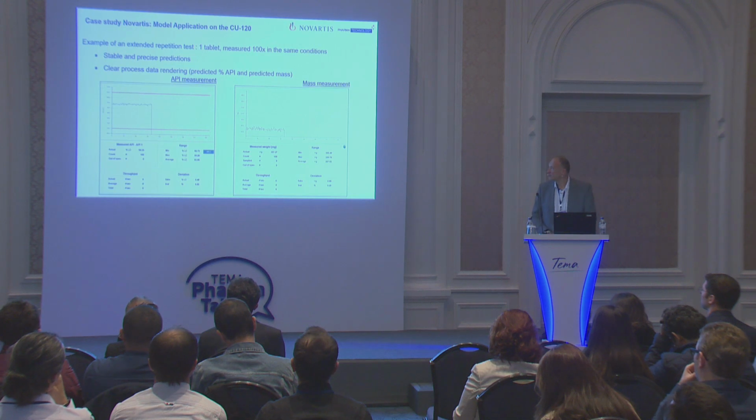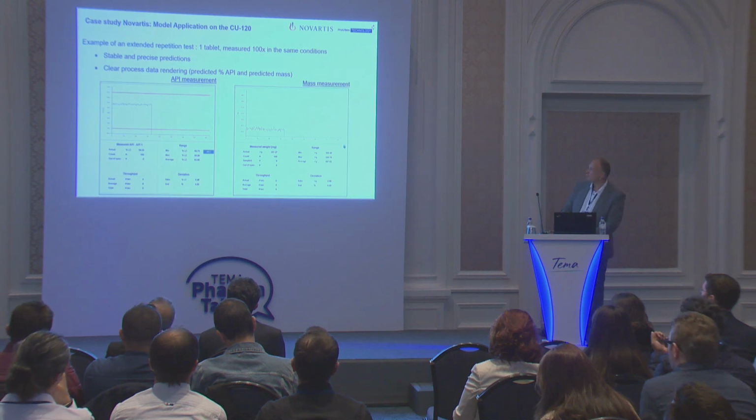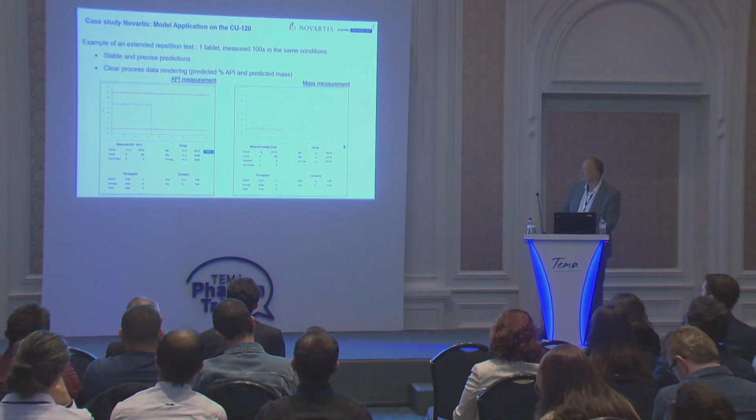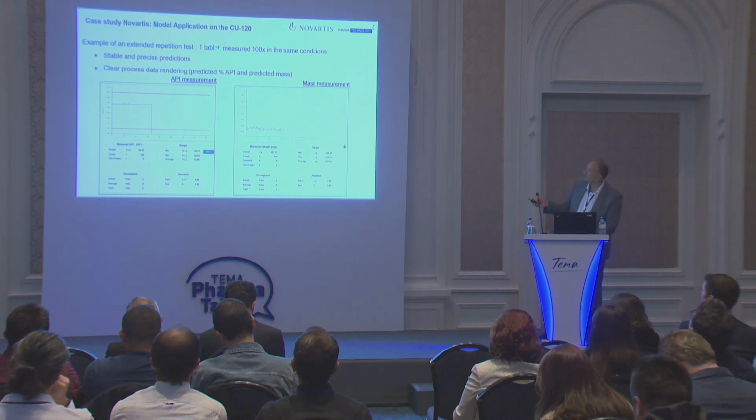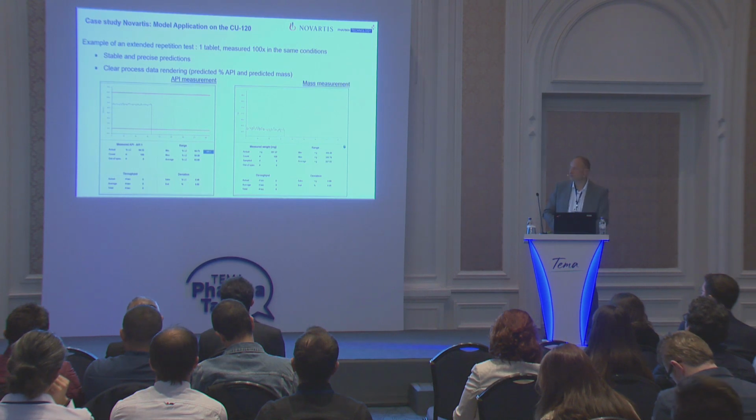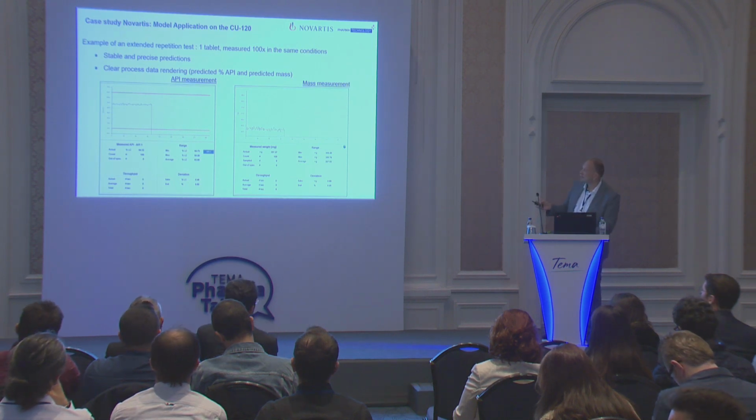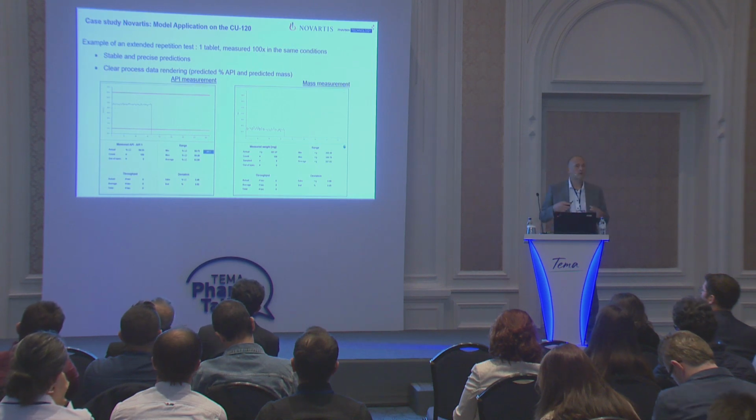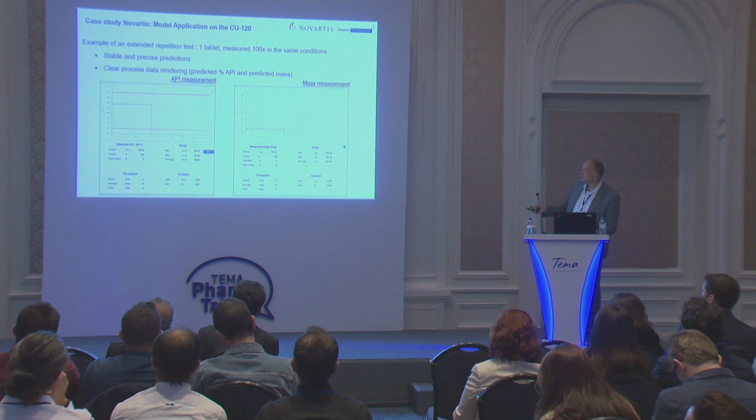Let's also see some results here. The first thing we did, we took one tablet and passed it many times through, I think 100 times, through the CU120, and then we looked at the mass and at the API measurement. So we looked at the reproducibility of one tablet. For the mass measurement, you see here these results.